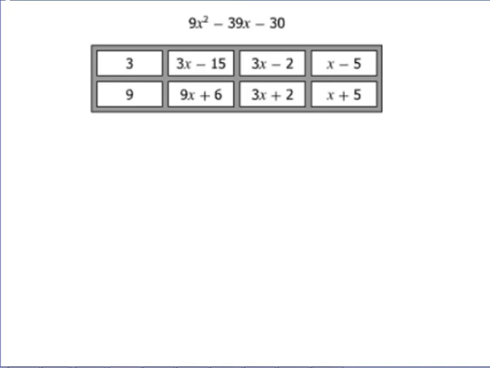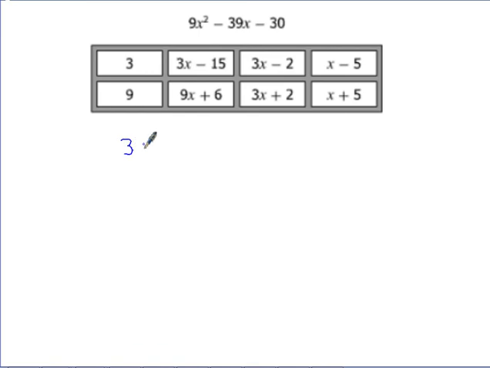In this next problem, we're going to circle all of those choices there that are factors of 9x squared minus 39x minus 30. Anytime you have a value other than 1 in front of the x squared, the first thing I would do is check for a common factor. So 9, 39, and 30 can all be divided by 3.